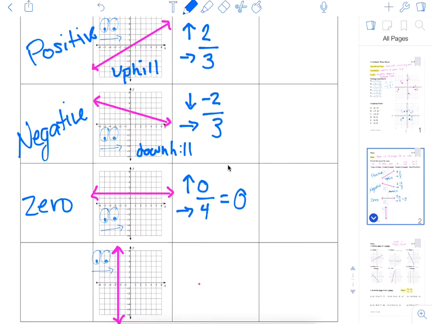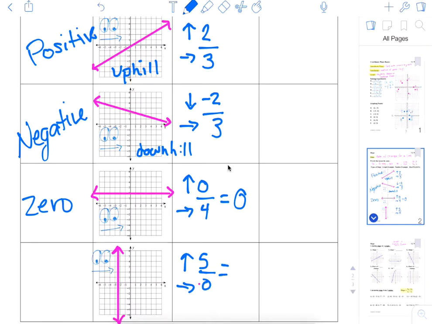He's 0. Okay? Another way that helps people is to think about drawing a Z. If I use a horizontal line, I can make a Z out of that. That helps me remember that it's 0. Okay? Last one, when you have a vertical line, that would mean that you're rising. Let's say you're rising 5, but you're not running anywhere. You're running 0. You're running nowhere.